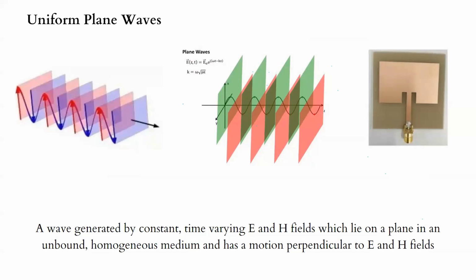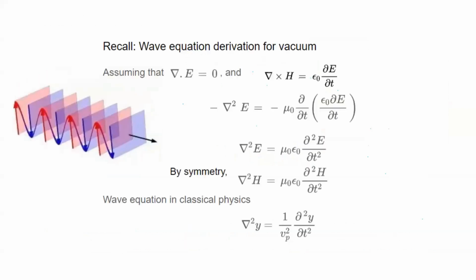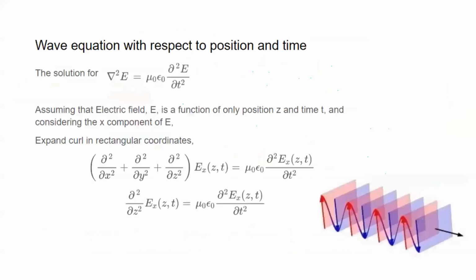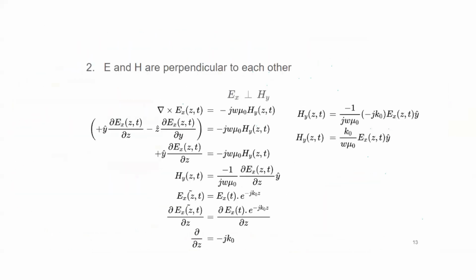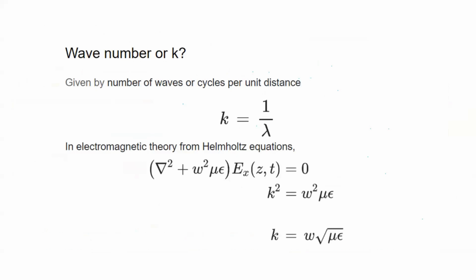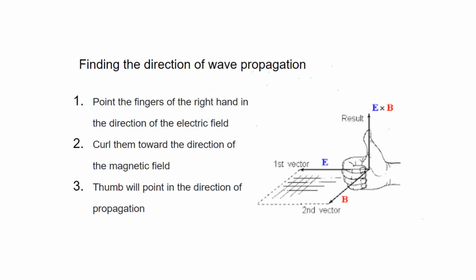Also, if I have the time, I don't know whether I will be able to complete this, but I will also talk about the uniform plane waves in the upcoming lectures, where I will be talking about the properties of uniform plane waves, and then the characteristic intrinsic impedance of the medium through which these electromagnetic waves are propagating, and how to find the direction of a wave propagating.